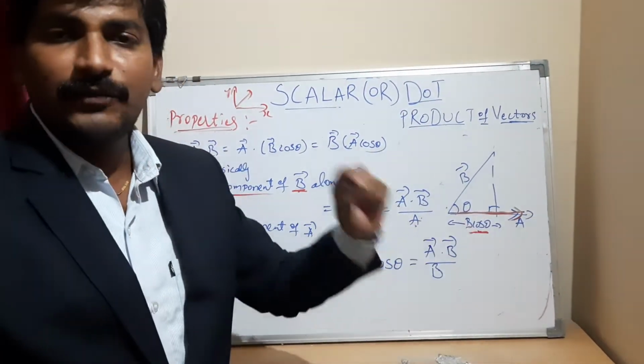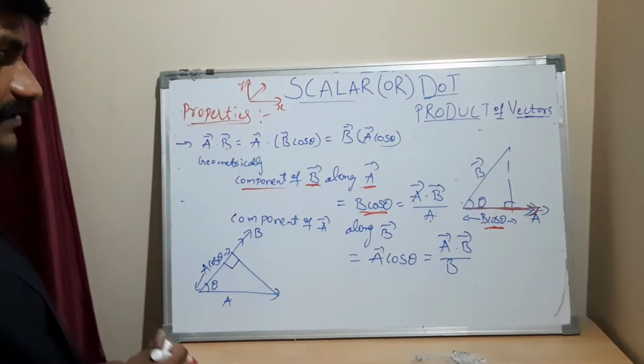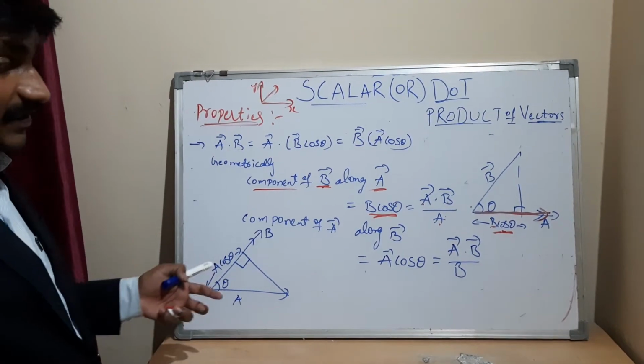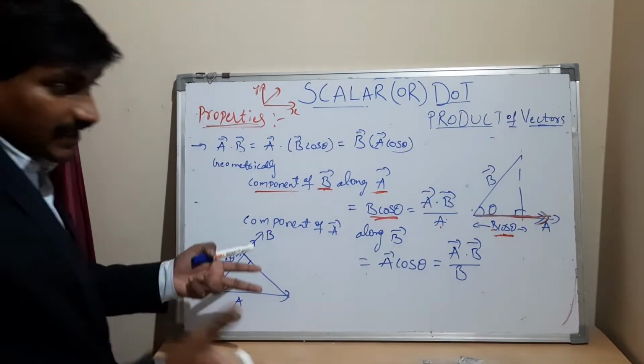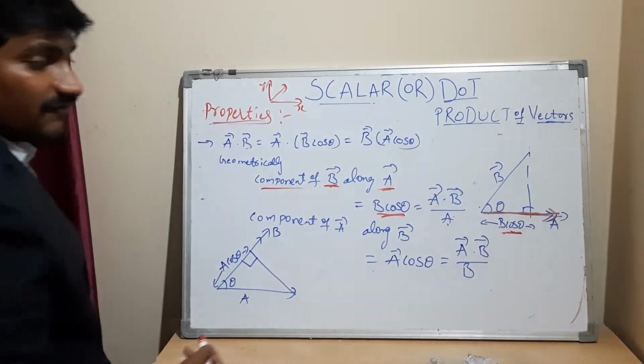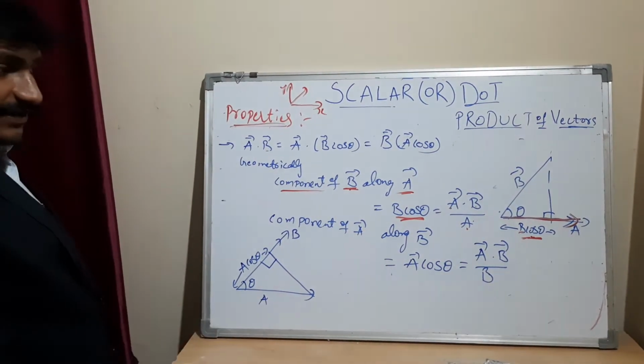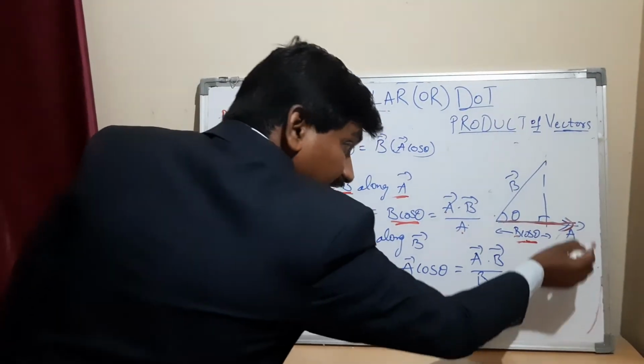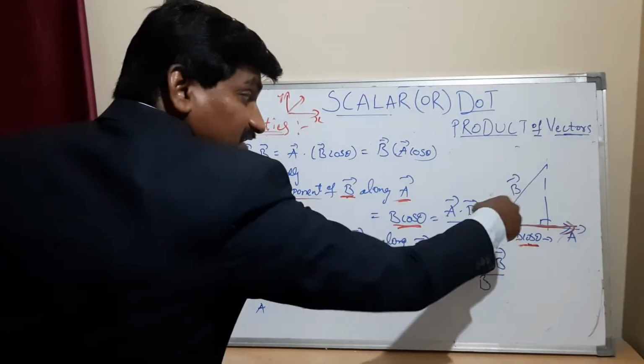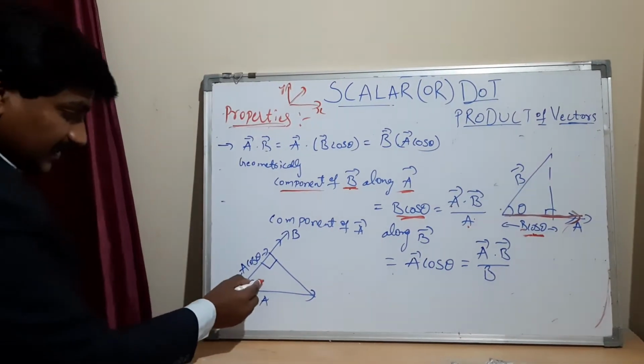This is the horizontal component we will always prefer, since the product of two vectors gives a scalar in terms of the cosine function. So the cosine function is projecting in the direction of A. Now if the component of A is projecting in the direction of B, we will see that here.